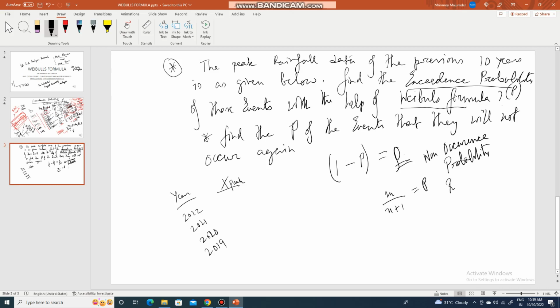And to find the return period, which is T, just inverse the probability. That is all you have to do. But in some problems, they will also ask you to find the P of the events that they will not arrive. So in that case, just deduct the P from 1.